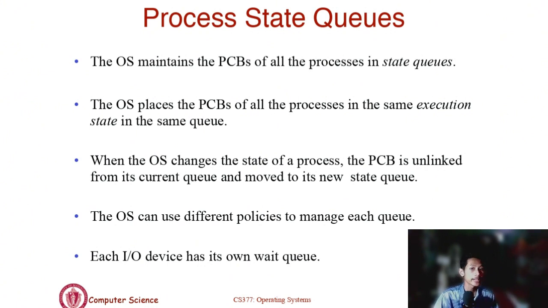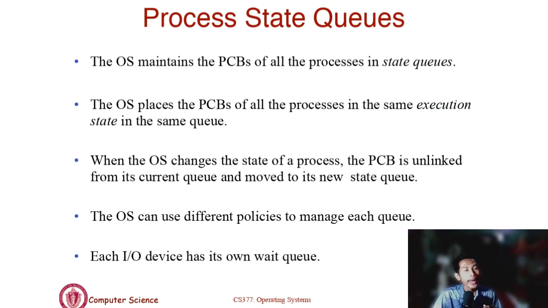So in here, processes in the same execution state are placed in the same queue. So this organization enables the operating system to efficiently manage processes with similar behavior and requirements.